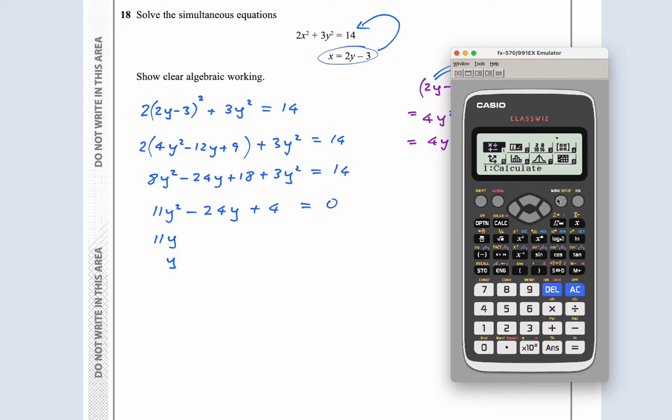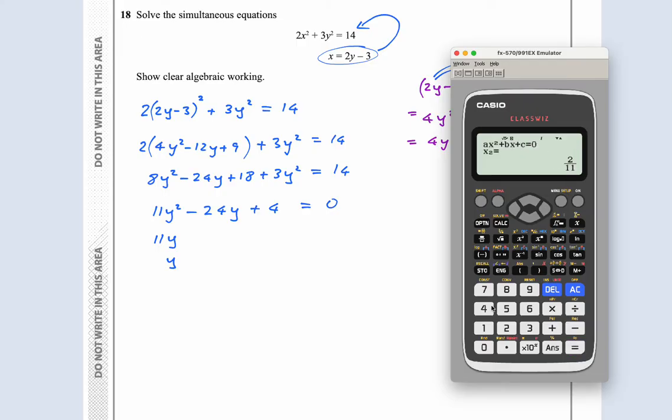We're going to go down to the equation function, and then polynomial is 2, the degree is 2, and I'm going to put 11, minus 24 and 4, because those are my numbers, and it'll give me x1 equals 2 and x2 equals 2 over 11, right? So you can use them, but it is important, guys, that you show the factorizing.